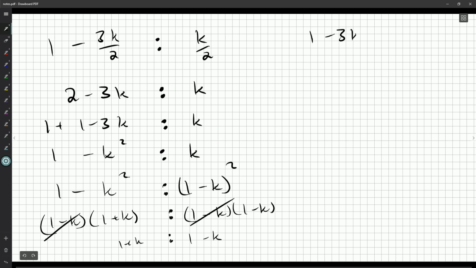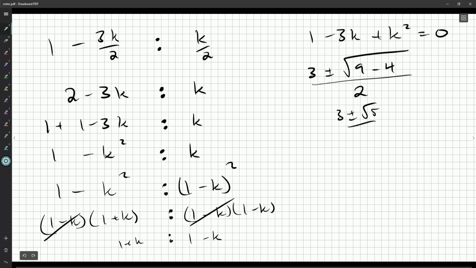So 1 minus 3K plus K squared equals 0. Okay, so negative B plus or minus the square root of B squared minus 4AC all over 2A. So 3 plus or minus root 5 over 2. It's got to be the one that's less than 1. So 3 minus root 5 over 2 has got to be the K that we are specifically looking for.